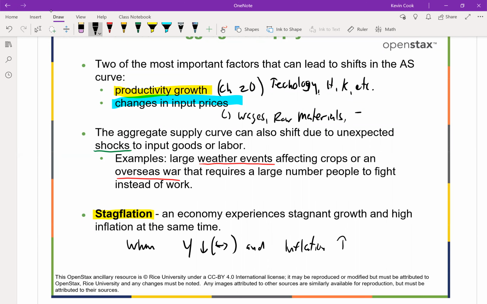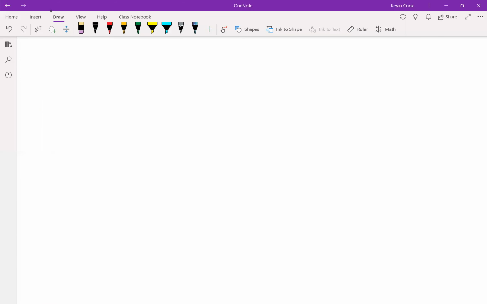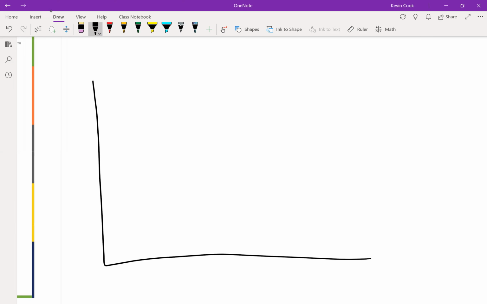When we're in stagflation, we're basically saying we have high inflation, high unemployment, and our demand isn't really changing much, or maybe our demand is falling. Whatever the case is, it is. But we'll see what stagflation looks like once we start playing with, or actually we'll look at stagflation right now. Why not? So when we get back into our chart, again, we'll have a price level and a GDP.